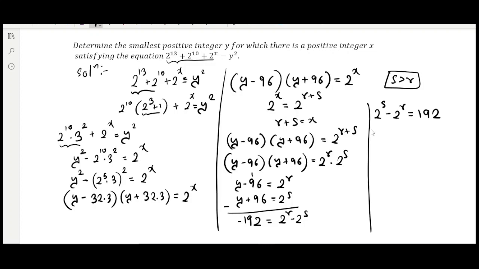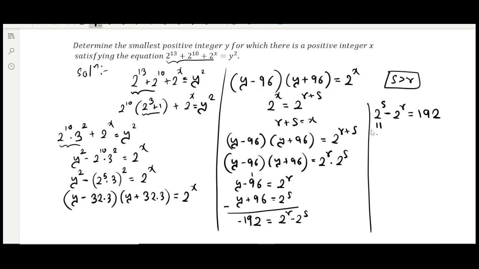Now this is a restricted one. This has very restricted values. We know that 2 raised to power 1 is 2, 2 raised to power 2 is 4, and 2 raised to power 3 is 8. So this will be satisfied only with restricted values. We can see that 2 raised to power s should be greater than 192 because something is getting subtracted from it.